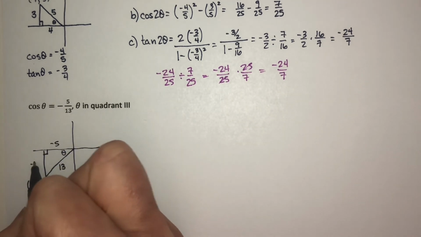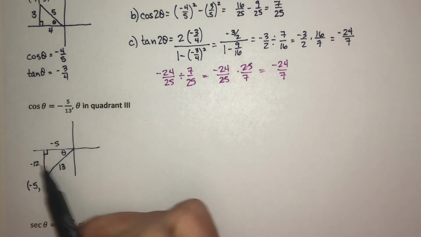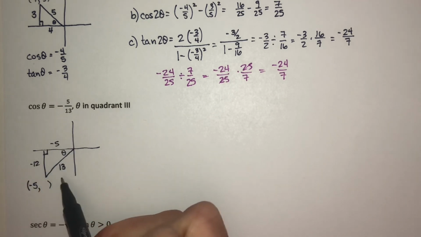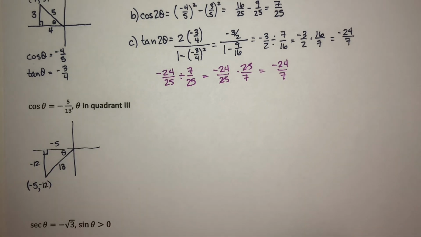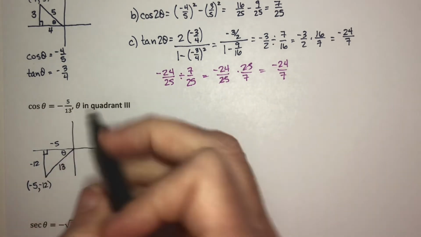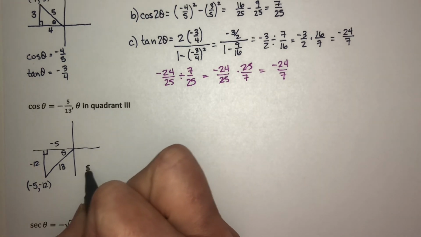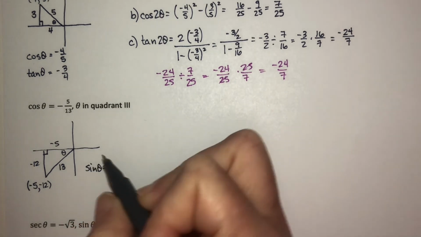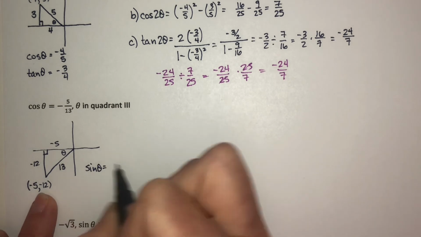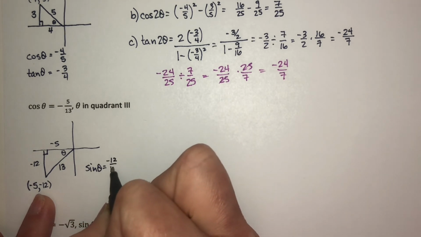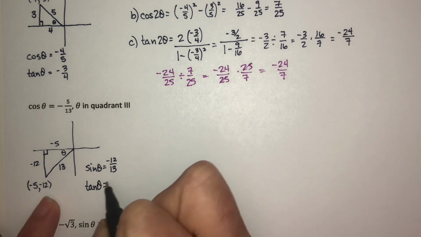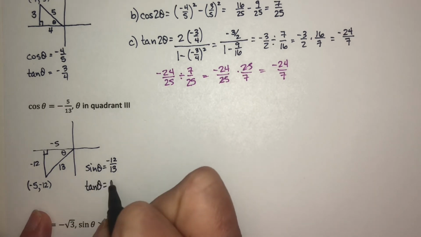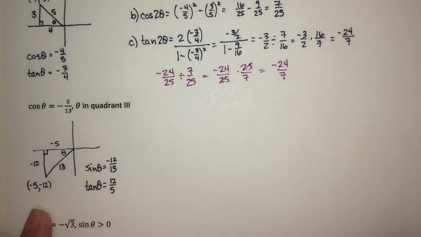This will be a -12. Using the Pythagorean theorem, it's a 5, 12, 13 triangle. So that's -12 right there. So I've got cosine of theta. My sine of theta is going to be -12/13. And tangent of theta is going to be -12 over -5, so 12 over 5.